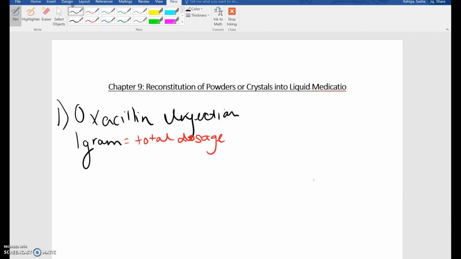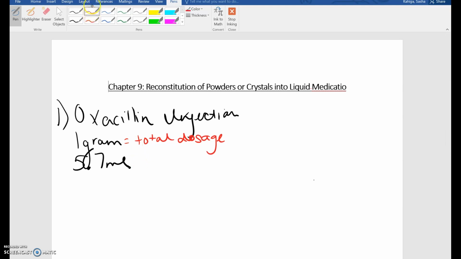Okay, the next thing here, it says this vial contains oxacillin sodium equivalent to 1 gram and 20 milligrams sodium phosphate. It says to add 5.7 milliliters of sterile water for injection.